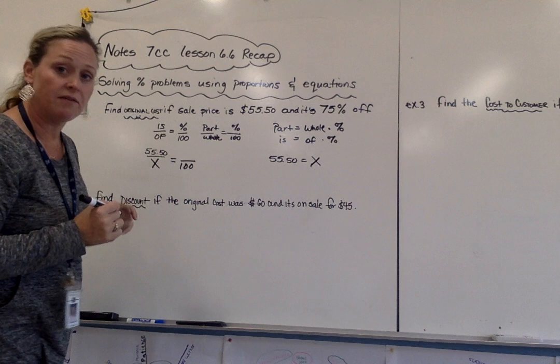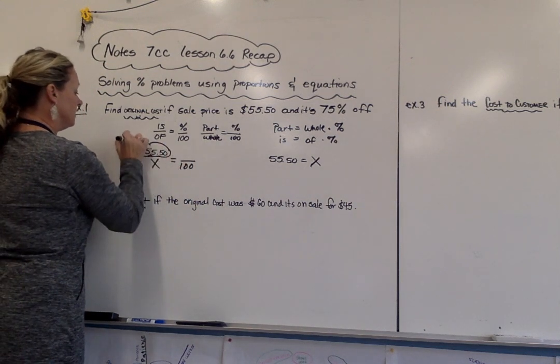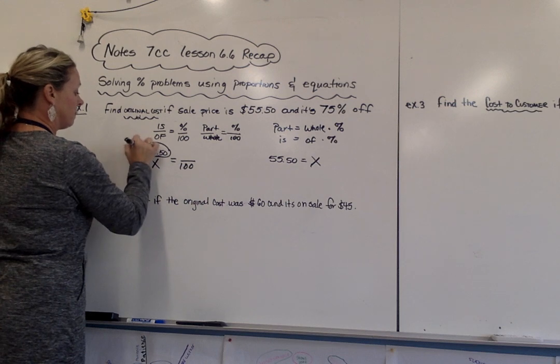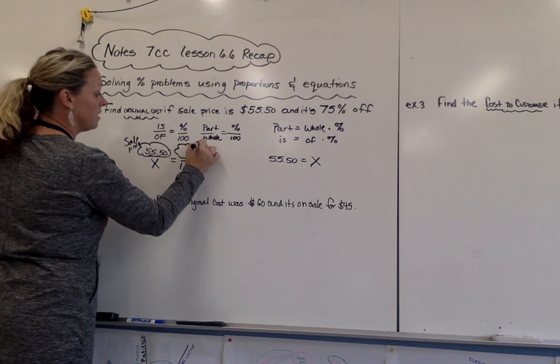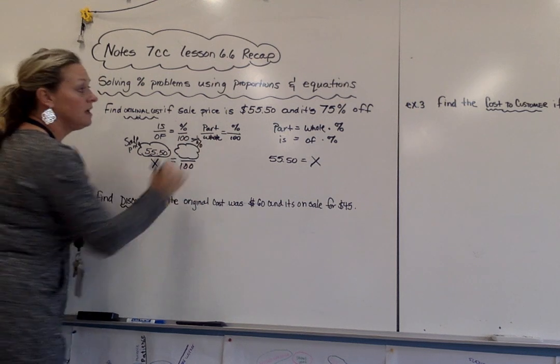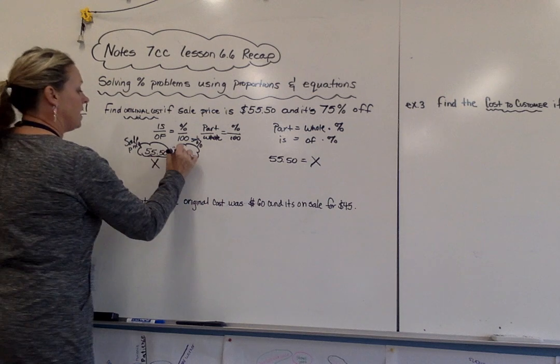And they're telling me it's 75% off. Now, this right here is my sale price. So when I set up my proportion, I need to make sure that this is my sale percent. If it's 75% off, I'm being forced or choosing to pay 25%.